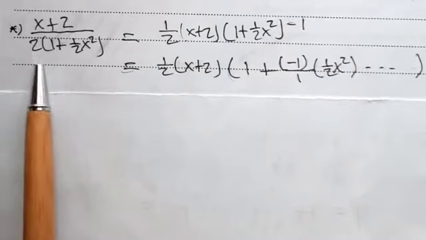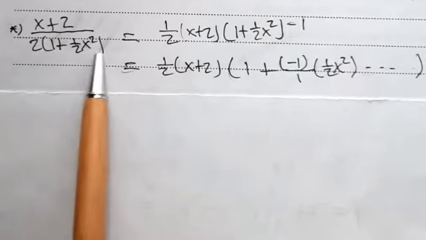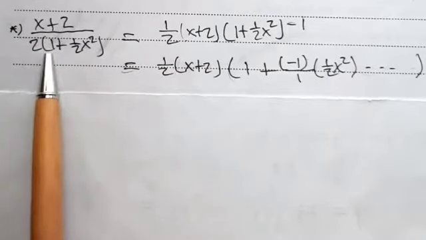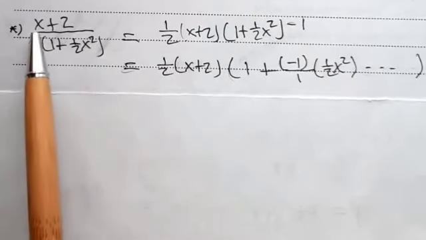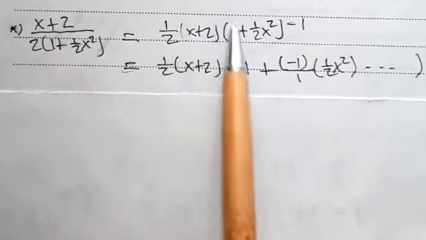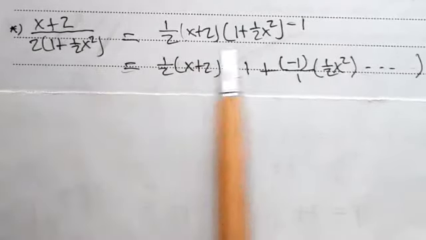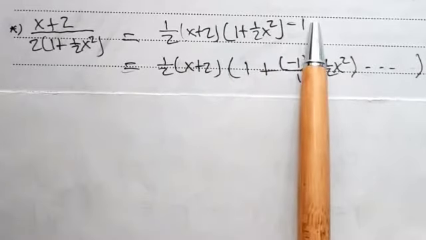Now the second part of the fraction: we put 2 out of the bracket so that the leading term here is 1, thus (x plus 2) over 2 divided by 2 times 1 plus half x squared, that is (x plus 2) over 2, and then 1 plus half x squared, to the power minus 1.